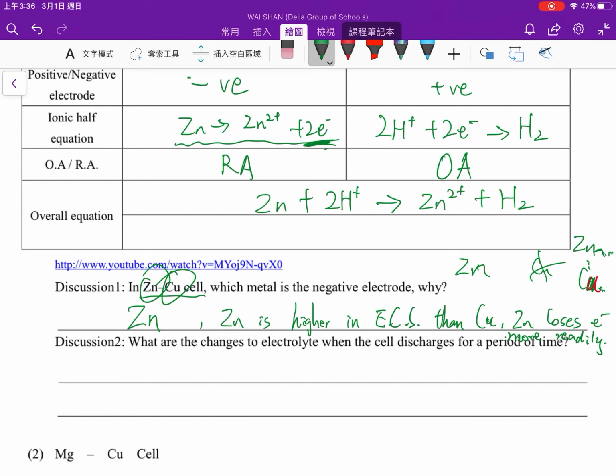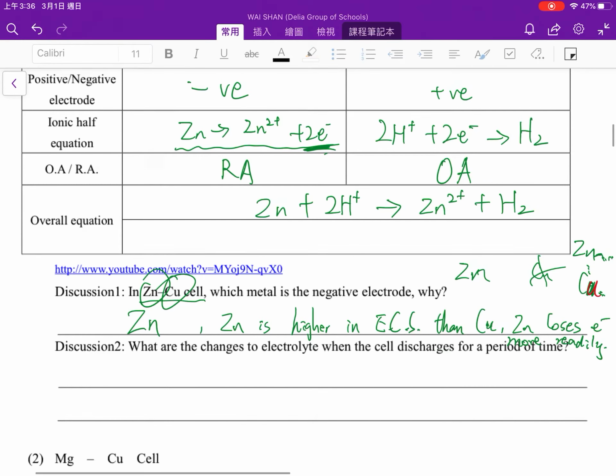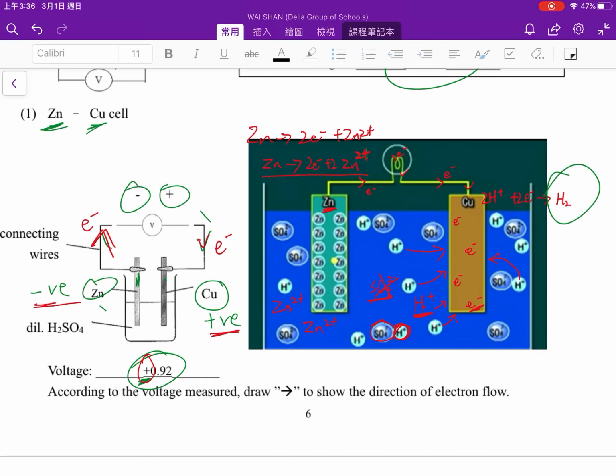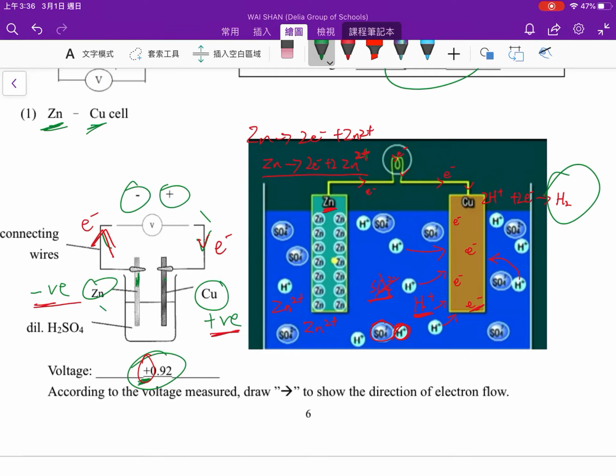Okay. And last question, what are the changes to the electrolyte when the cell discharges for a long period of time? So we will go back to here. What do you think will be formed? Originally there is hydrogen ion and sulfate ion, but hydrogen ion is discharged. Hydrogen ion gains electron and forms hydrogen gas on the copper electrode, so no more hydrogen ion.